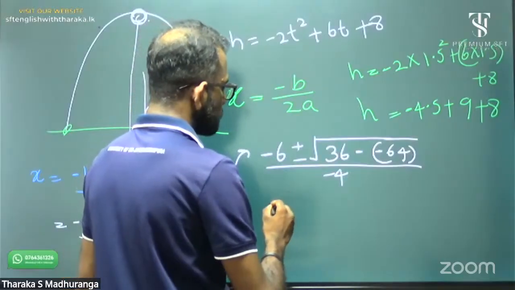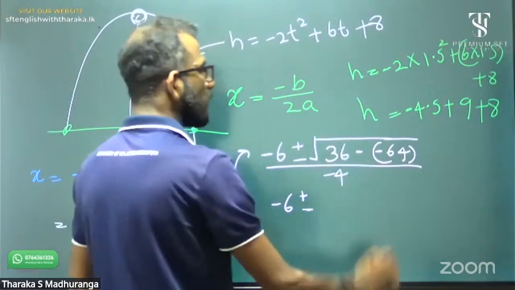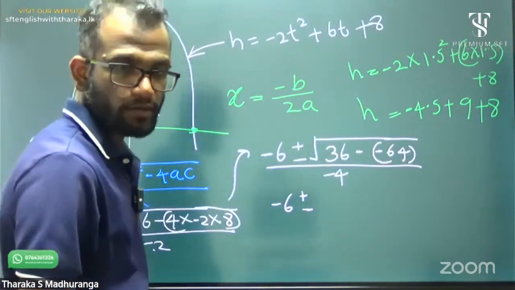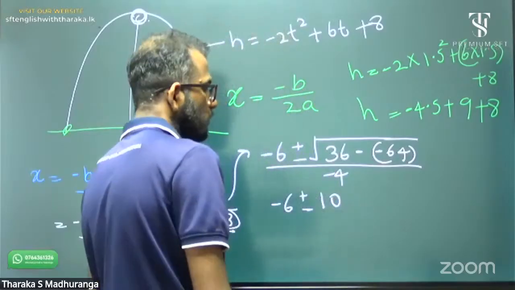Right? Minus 6 plus or minus, the plus is 100, right? The square root of 100 is 10.